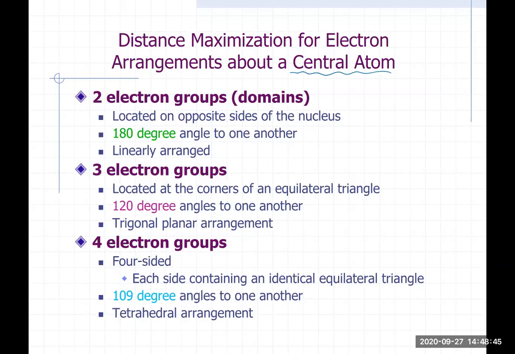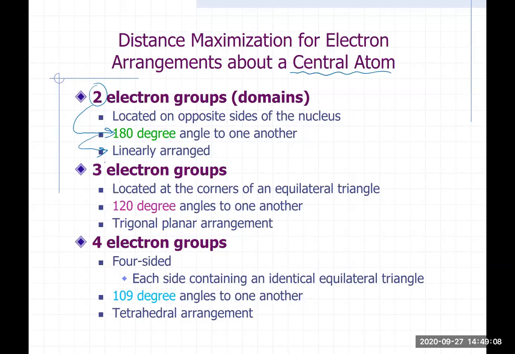First, though, I want to tell you we're only going to cover 4 different electron groups surrounding that central atom. So if we have 2 electron groups surrounding that central atom, the bond angle is 180 degrees, and this is associated with a linear geometry.